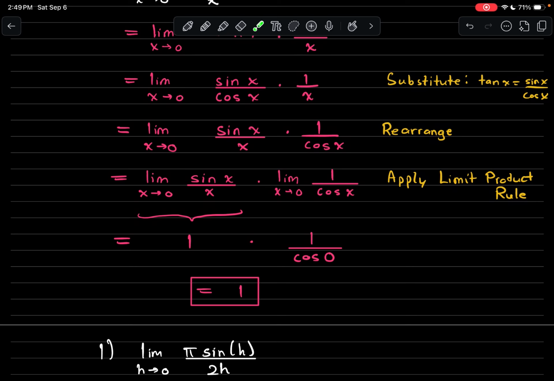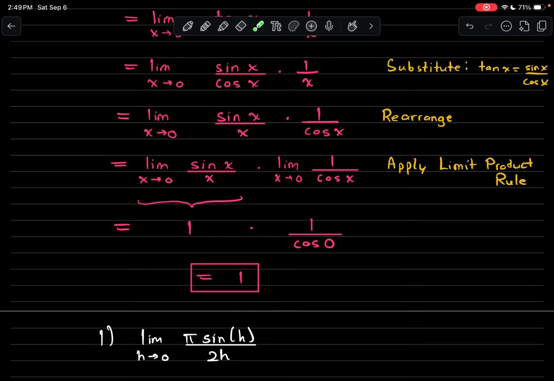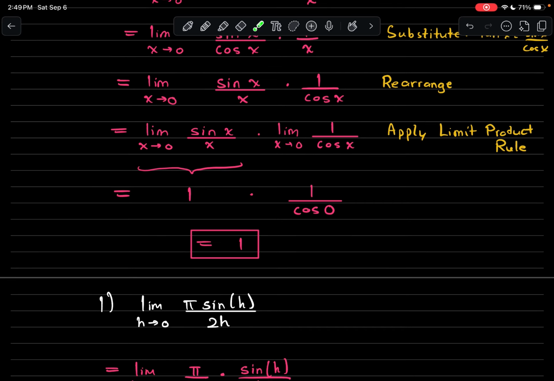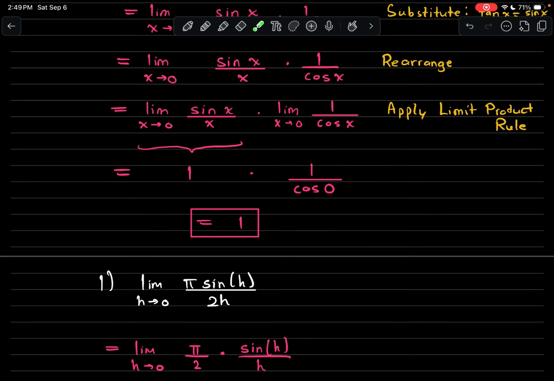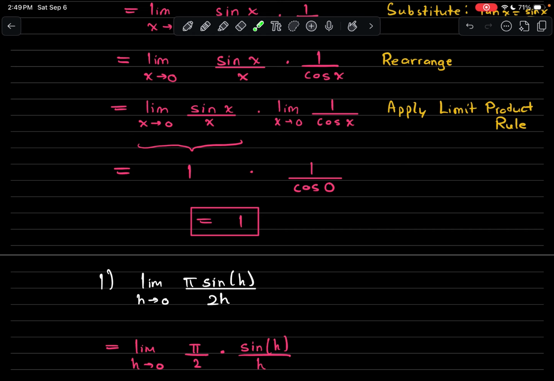Okay. Example L. The limit as h approaches 0 of pi times sine of h over 2h. So this might seem a little strange at first, but if we just break this apart, we can just think of pi over 2 as a multiple of sine h over h.